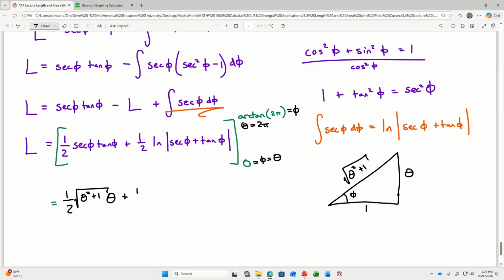It might not be true in every case, but in this case, I feel like converting back to thetas might be helpful, because remember, secant of phi is the square root of theta squared plus 1, and tangent of phi is theta. And so now let's plug in 2 pi and 0.